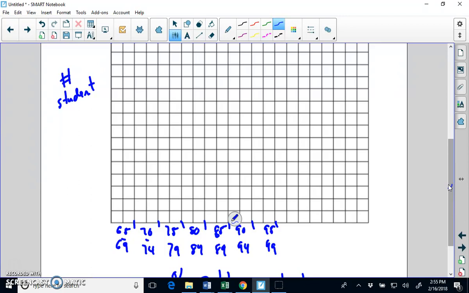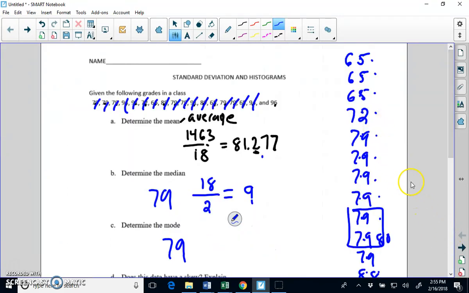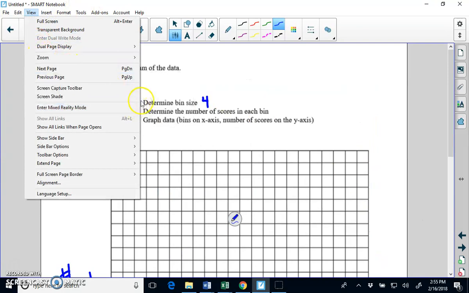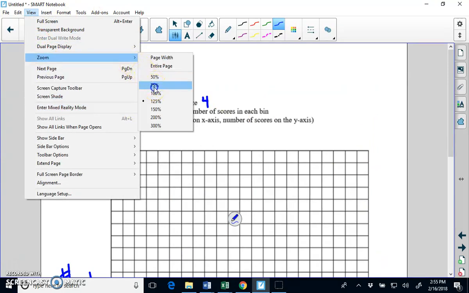So we go back to the data, and we have to find how many scores are within 65 and 69. We see that there are 3 scores. This is annoying to flip back and forth, and I'm actually going to zoom out a little bit because this is hard to do with this large of a zoom.